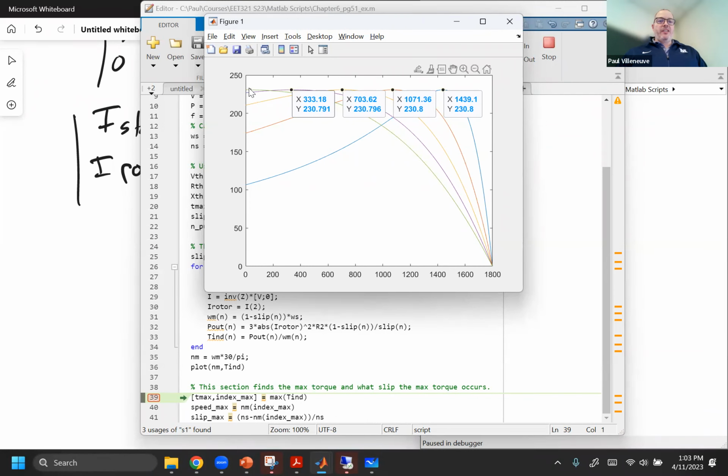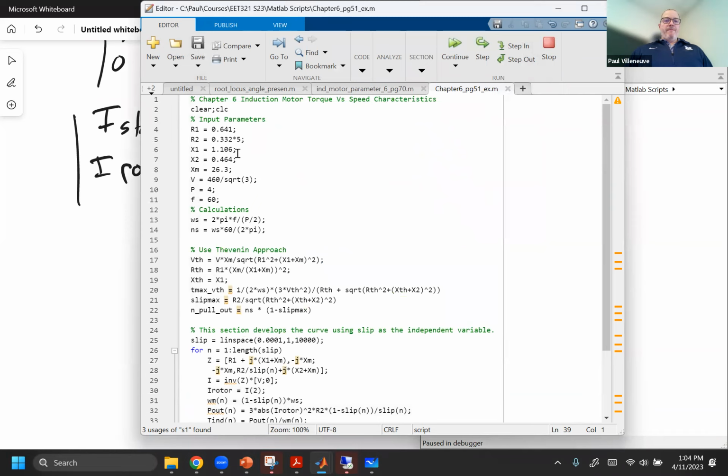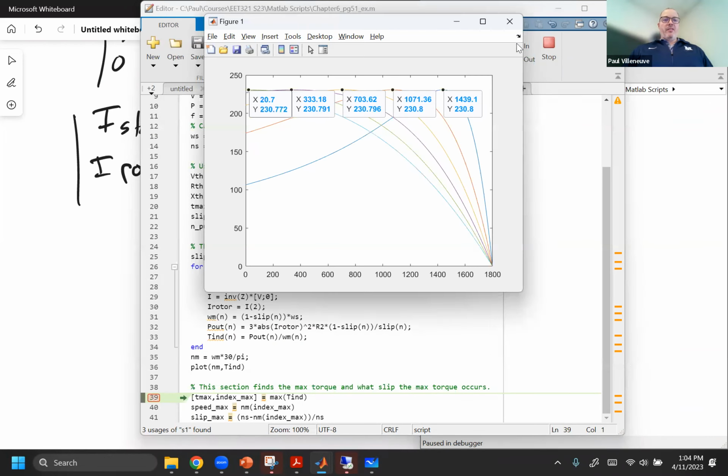Sorry, it's really hard to see. So around 230.8, right? If we go to 0.6 times, I think at this point we actually will drop our torque.